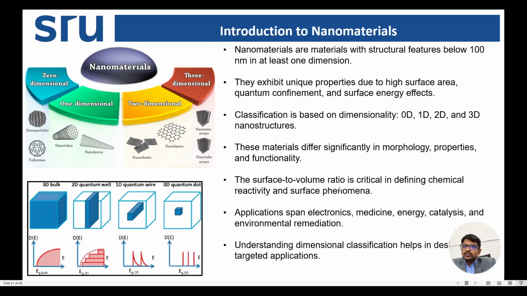The surface to volume ratio is critical in defining chemical reactivity and surface phenomena. In our previous classes, we discussed the importance of the surface to volume ratio. As the surface to volume ratio increases, the active atoms come to the surface to participate in reactions, so that we can observe more reactivity, more surface energy, and more surface phenomena.